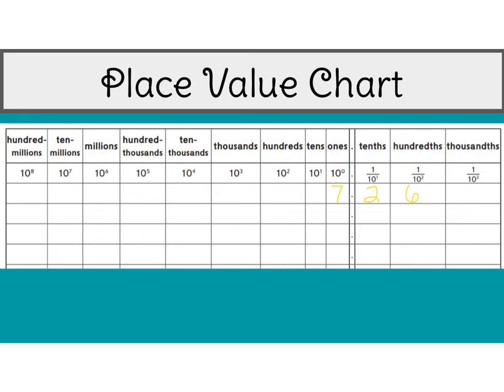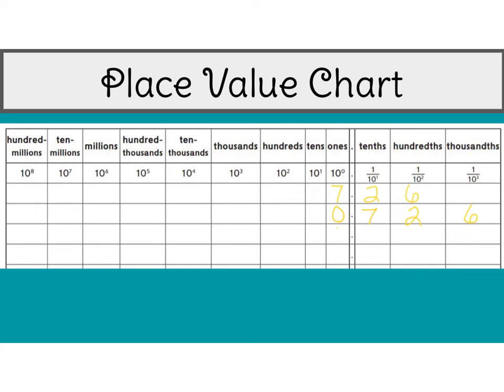So what's going to happen is the 7 that is in the ones currently would then move to the 10ths place because we're dividing. Now we know when we divide, our numbers get smaller, not bigger. So look what happens.